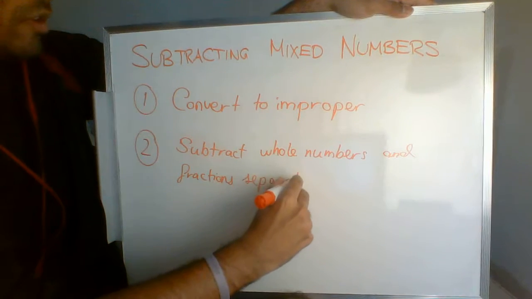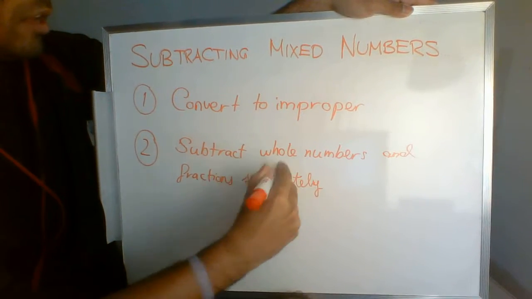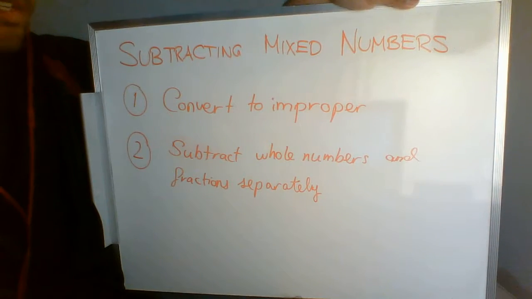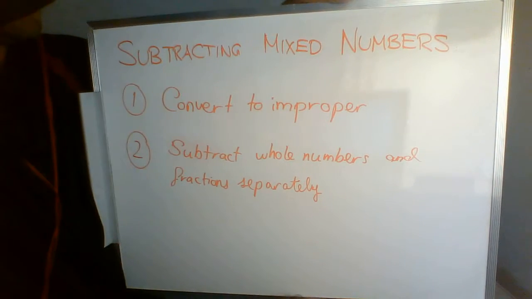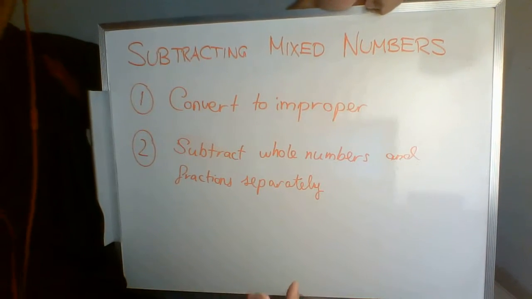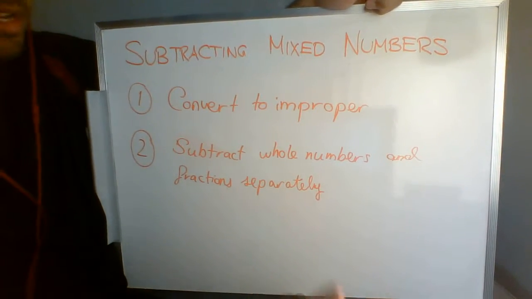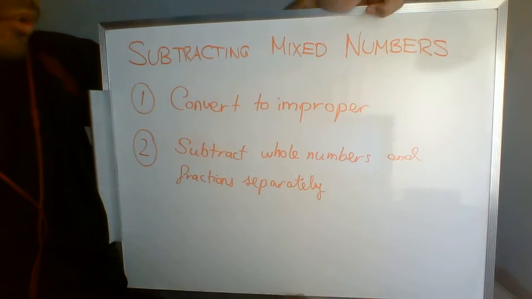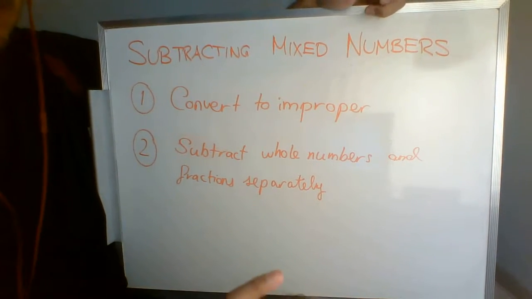So those are our two main options when it comes to subtracting mixed numbers. The first option is to convert both the mixed numbers into improper fractions and then find a common denominator, do the subtraction and reduce. And the other option is to subtract the whole numbers and the fractions separately.